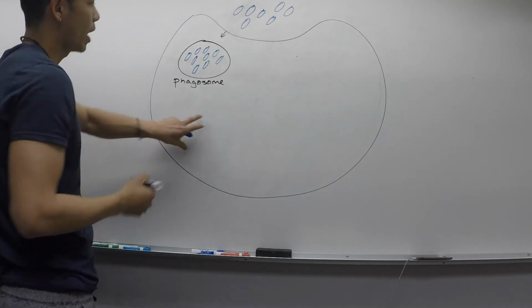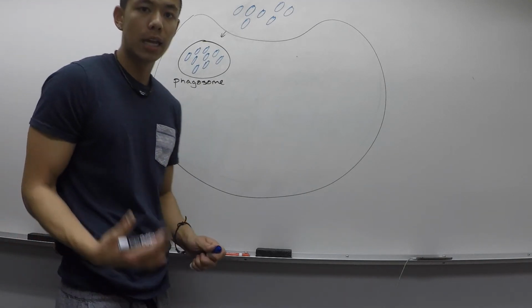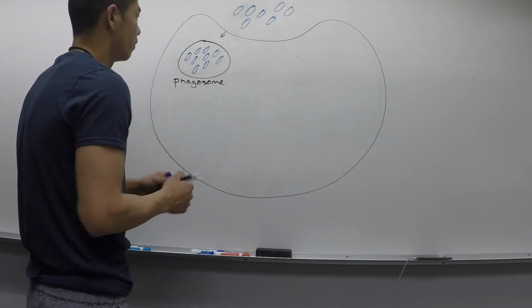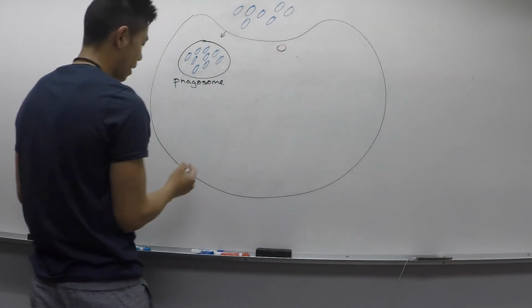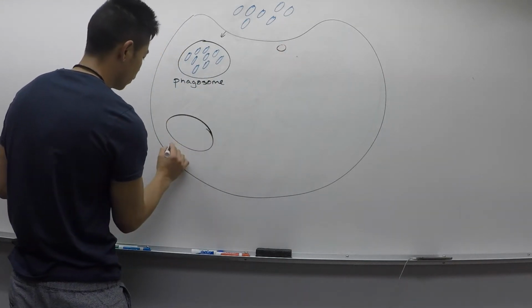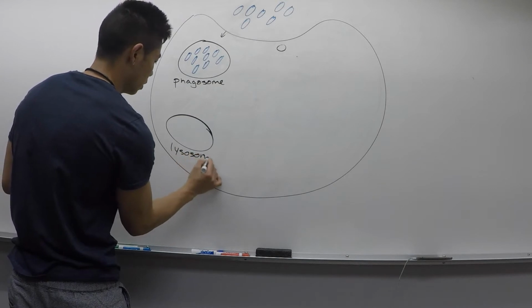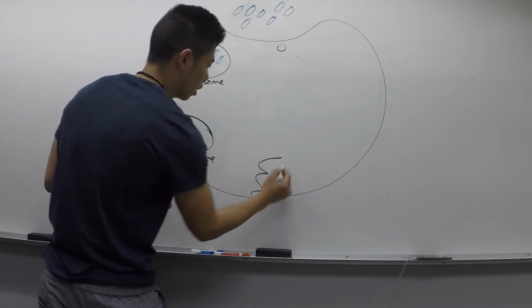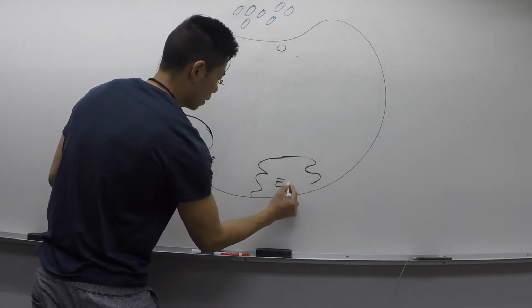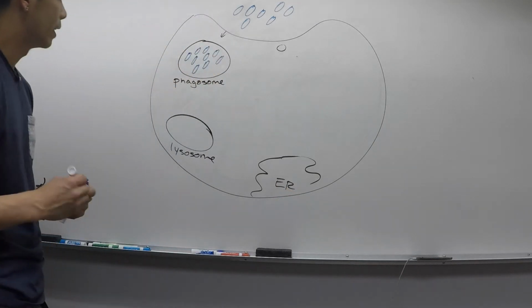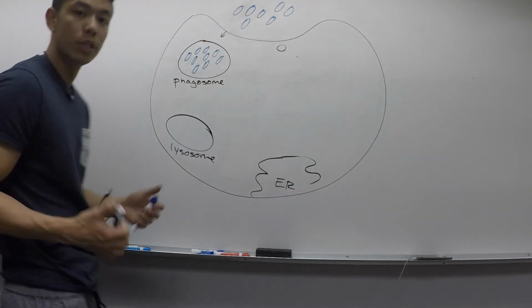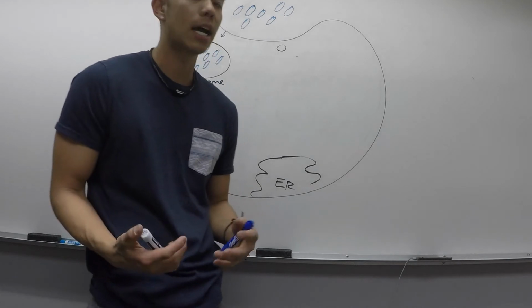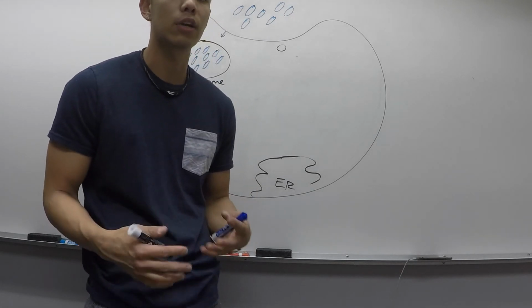Our macrophage is a typical cell in our body, so it's going to have a nucleus, which I'll just draw there. It's going to have a lysosome. It's going to have an ER, endoplasmic reticulum. The lysosome, as we know, contains hydrolytic enzymes. It's going to want to break down things inside our cells.